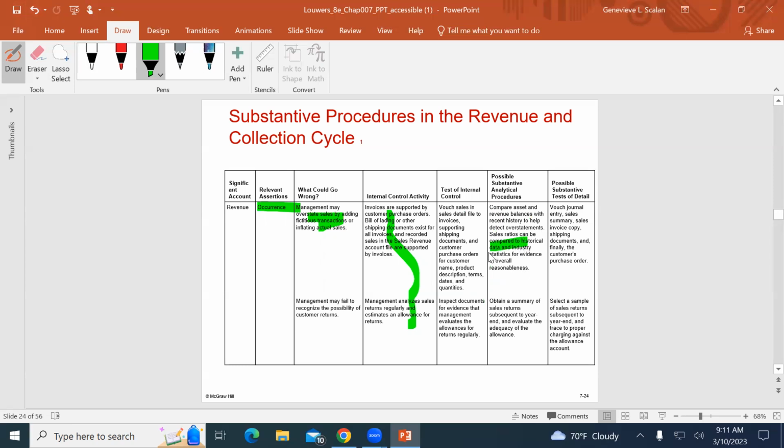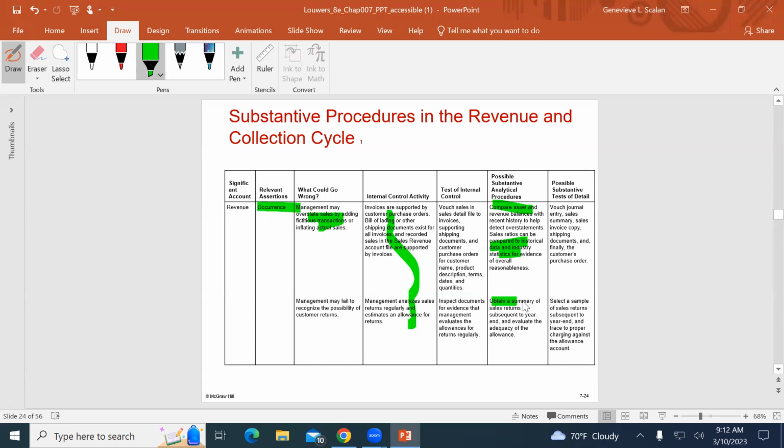Compare it to industry, compare it to what they estimated, compare it to their cost of goods sold, compare numbers, right? Compare these balances, right? The number on the income statement, the number on the balance sheet, compare it to some other numbers. Does it make sense in this context, right?